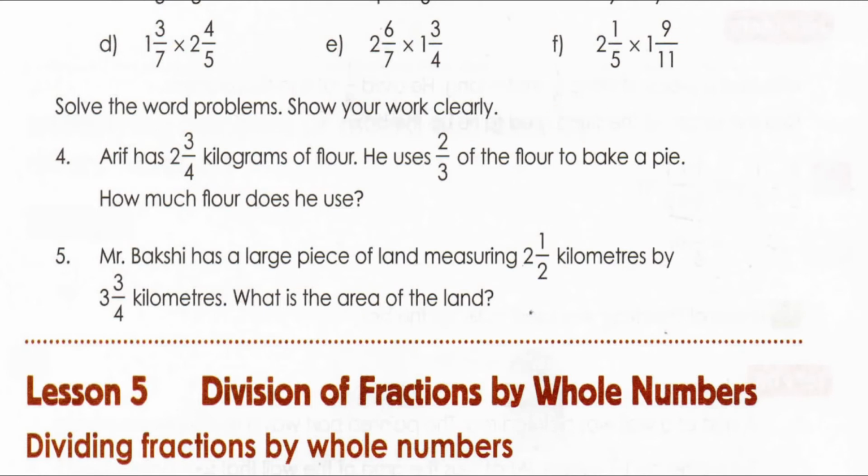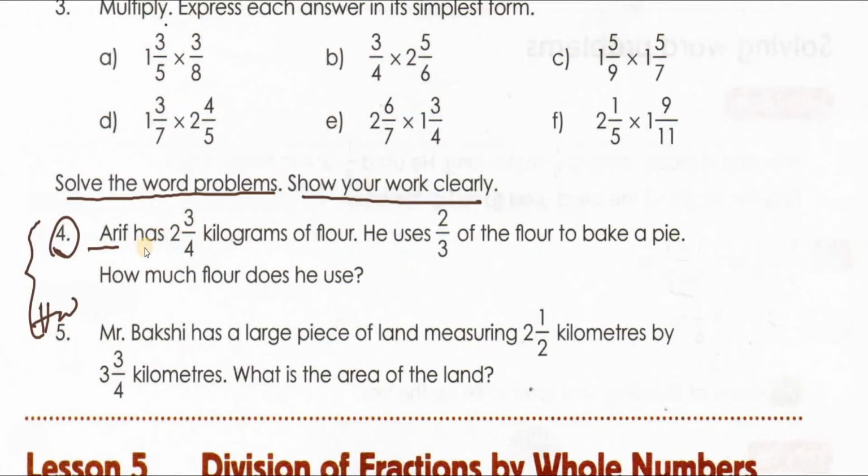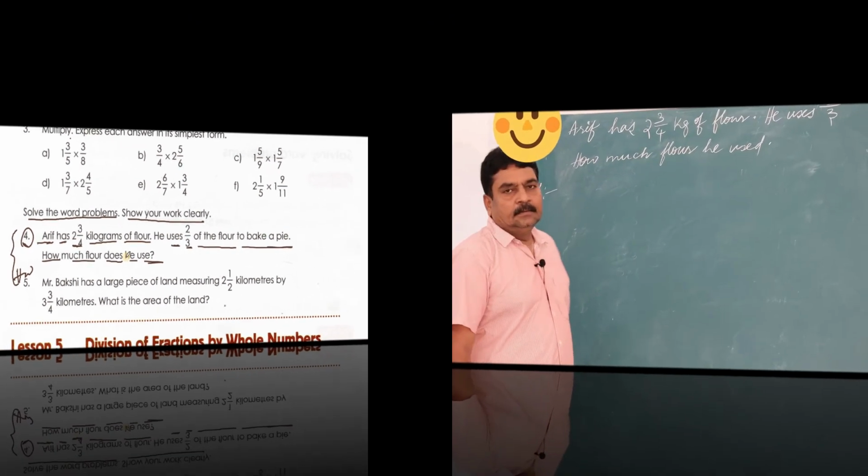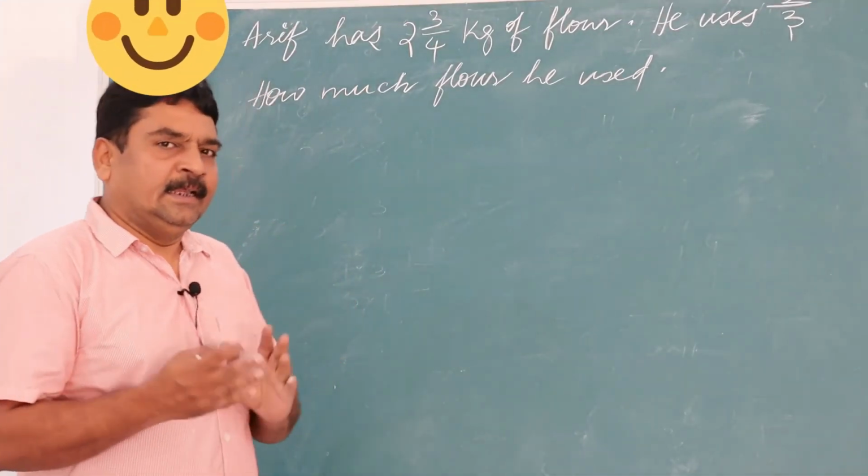The question is: solve the word problems, show your work clearly. Arif has 2 3 by 4 kilograms of flour. He uses 2 by 3 of the flour to bake a pie. How much flour does he use? Now I'll read the question again on the board.